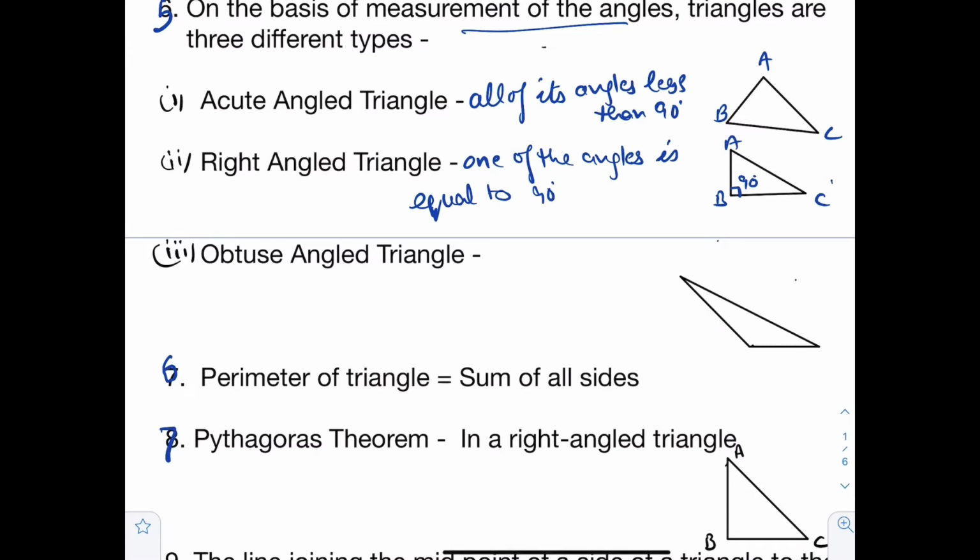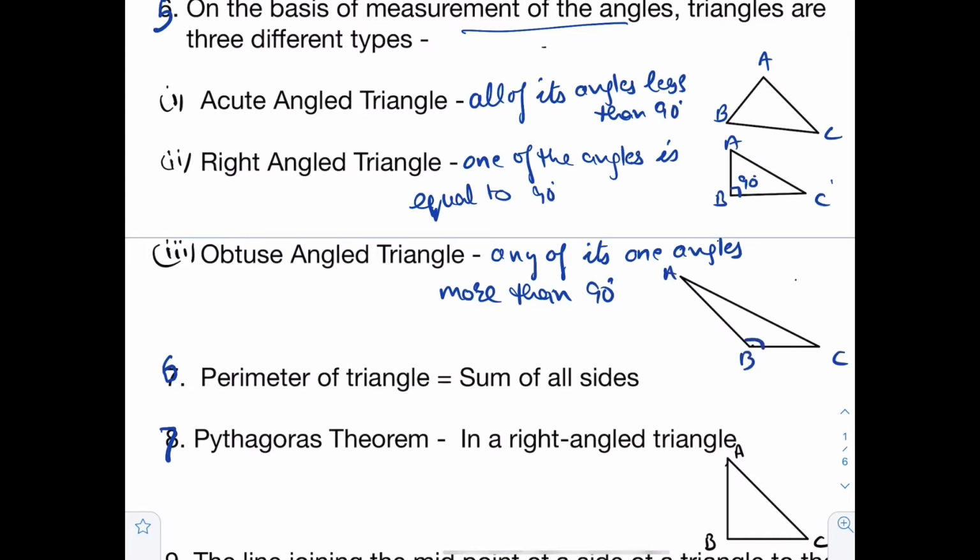In an obtuse angle triangle, any one of its angles is more than 90 degrees. So in this triangle, angle B is more than 90 degrees. So this is an obtuse angle triangle.